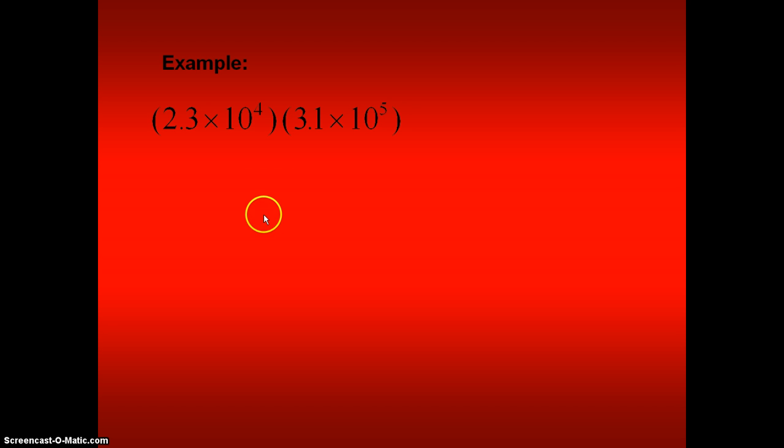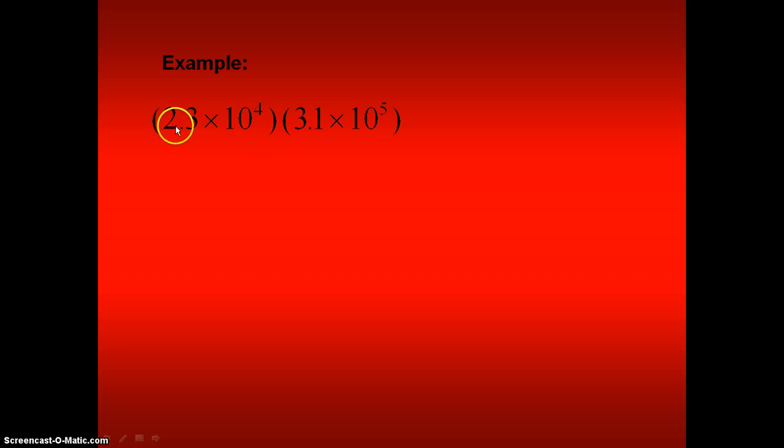Alright, so let's take a look at this. If we're multiplying two expressions that are in scientific notation, what you want to do here is multiply the first two numbers, so 2.3 times 3.1, and then you're going to add the exponents and leave the base of 10 the same.